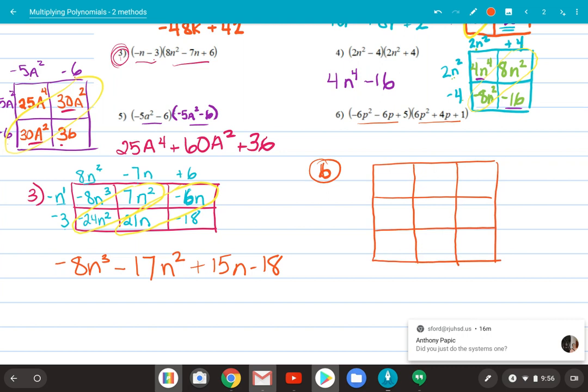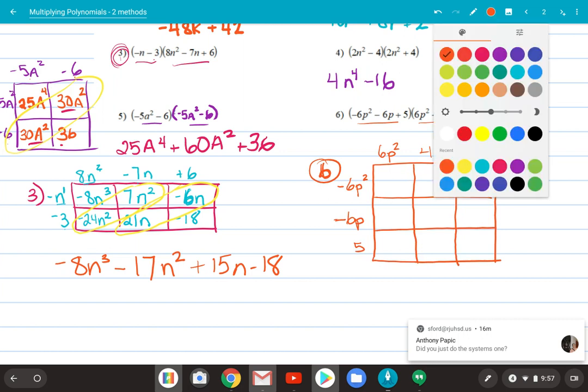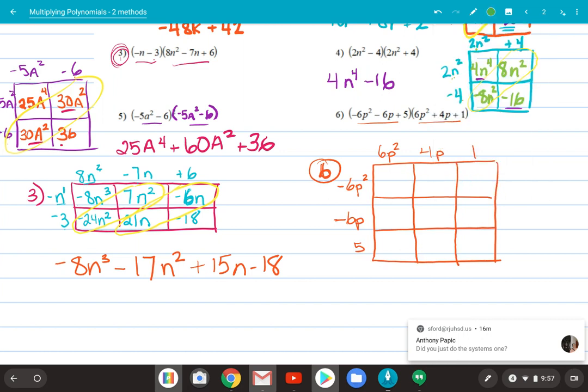And we're going to put one of the polynomials on top, one on the bottom. And remember, you do have to keep the negatives with the sign. You don't have to do the positives, but you do need to do the negatives. And then where they meet, you multiply them, okay?